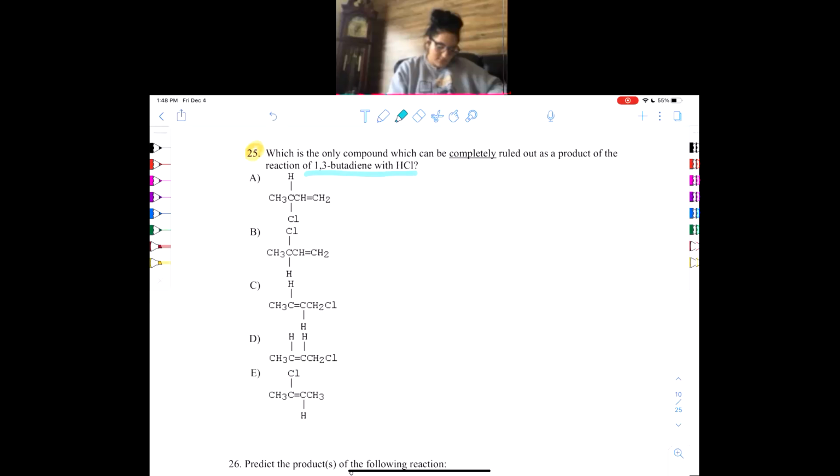So in this case, which one is directly attached to the double bond? The chlorine cannot be attached to the double bond. E, exactly. So in this case, the chlorine and the hydrogen are attached to the double bond. That is not going to happen. So E is going to be the correct answer. The correct wrong answer.